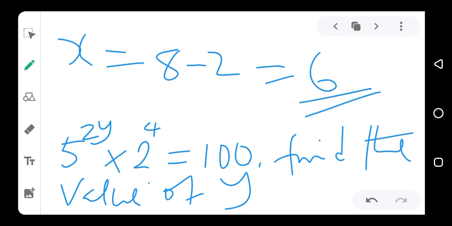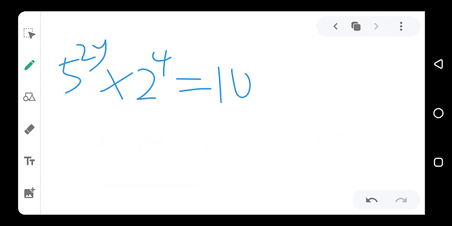Now 100 is equal to 10 raised to power 2, that is 10 times 10 is 100. So we can express it this way.